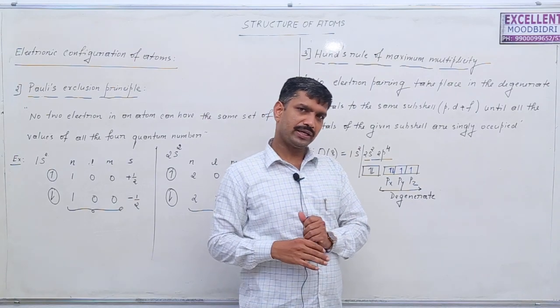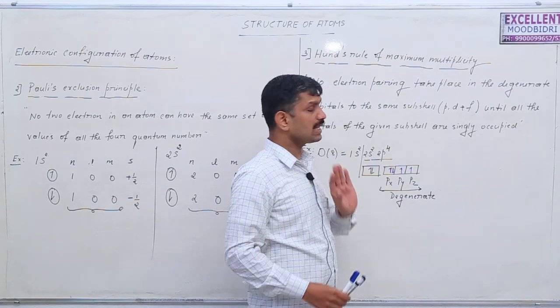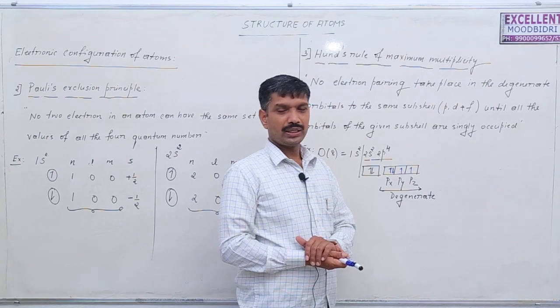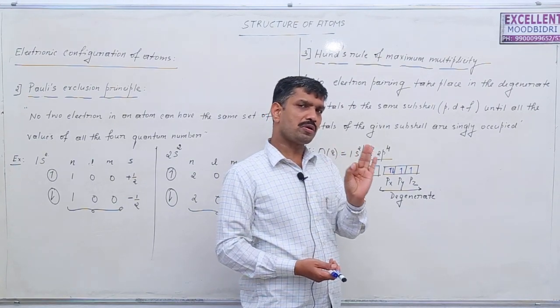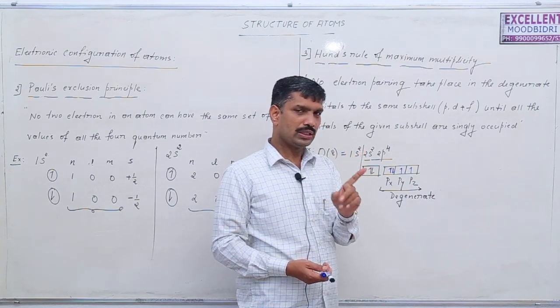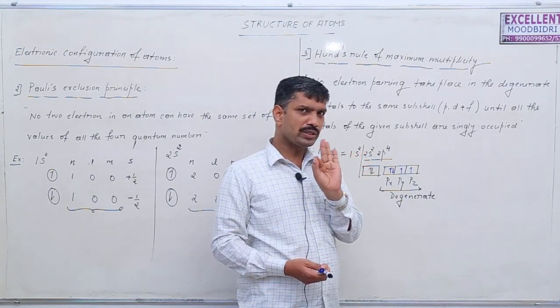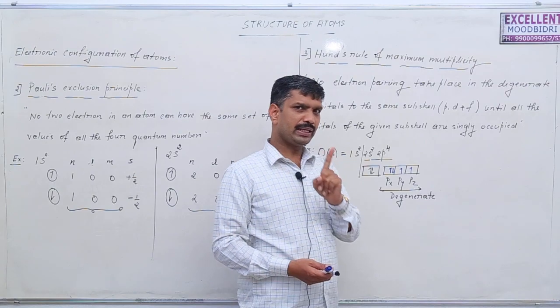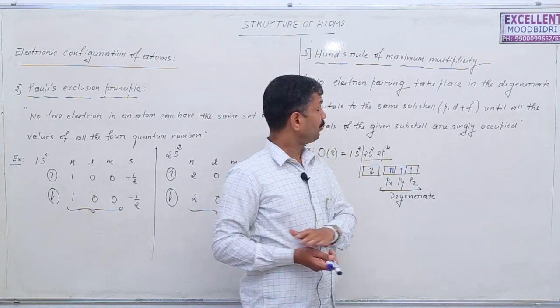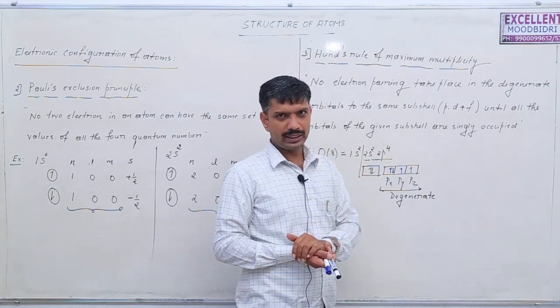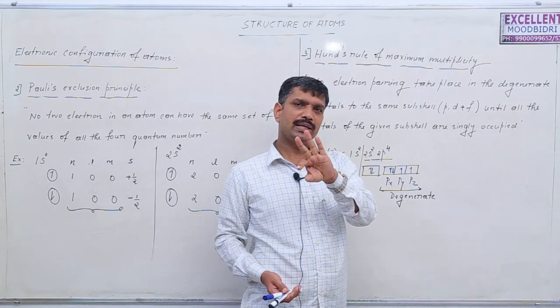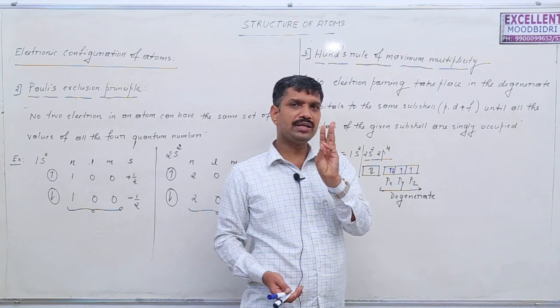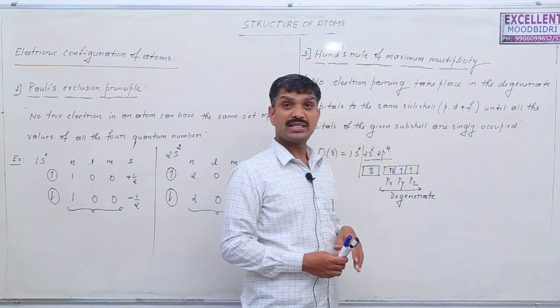The rule states that among orbitals of the same energy, electrons do not pair until all the orbitals are singly occupied. This rule is applicable only for p, d and f orbitals, not for s because s has only one orbital. p has 3, d 5, f 7.